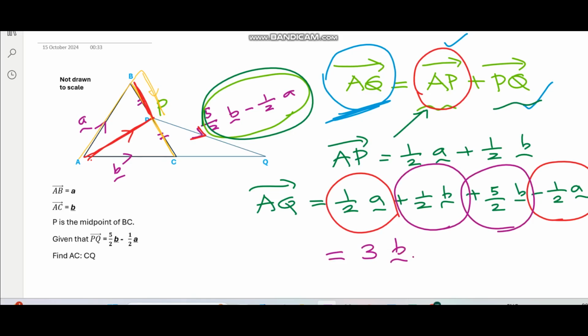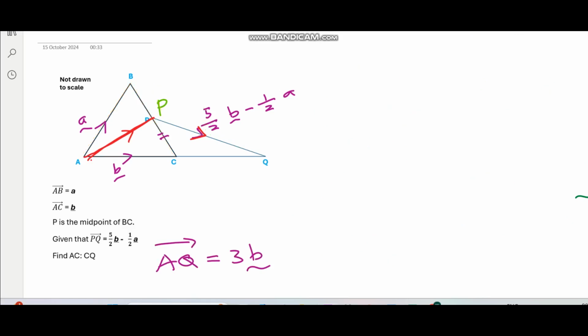Okay, so we've just shown that AQ is equal to 3B. So if AC is vector B and AQ is 3B, CQ will have to be 2 vector B, 2 times vector B.